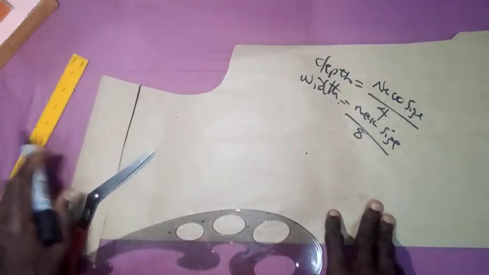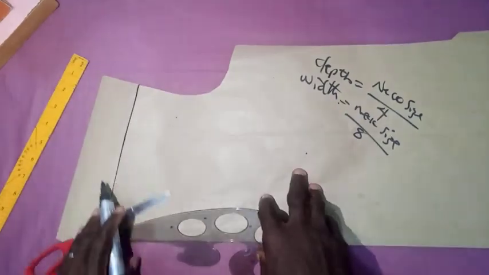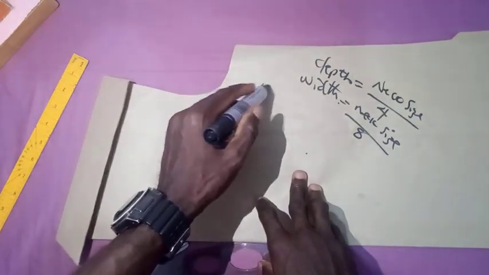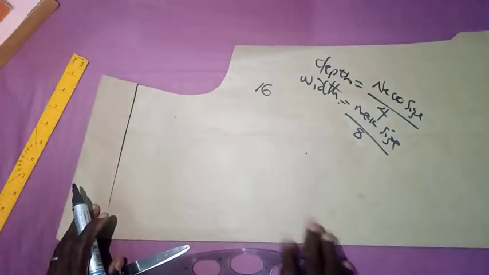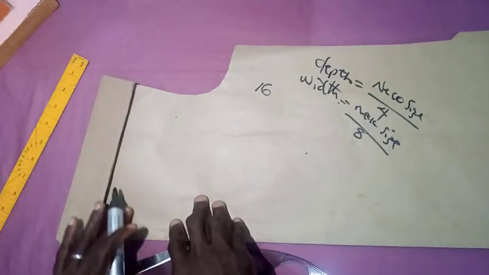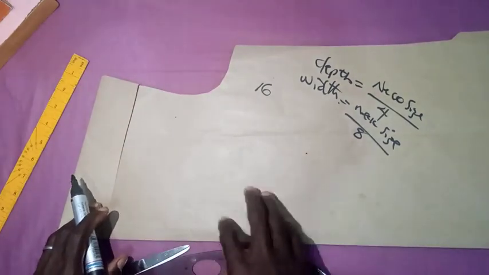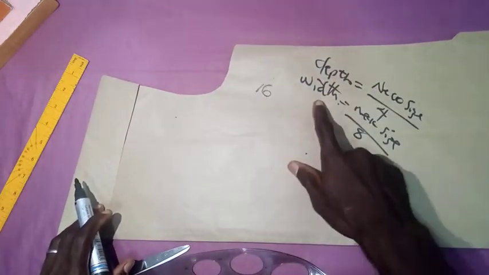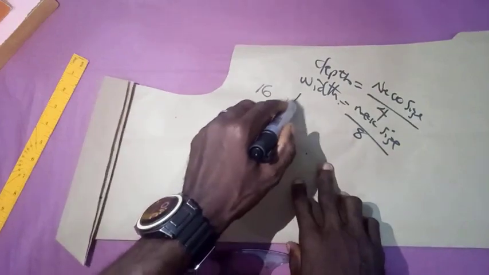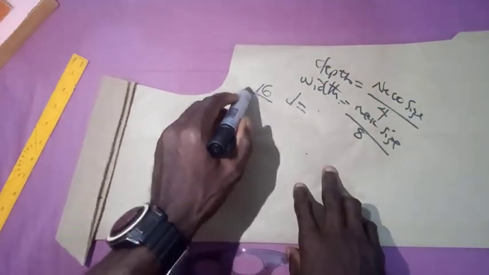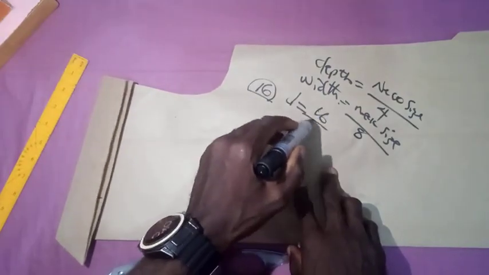So for instance, let's use a neck of 16 for this top. We want to cut a neck size of 16 for this top. So how are we going to get the depth of the neck and the width of the neck? So depth, denoted by D, will be equal to our neck size, which is 16 divided by 4.